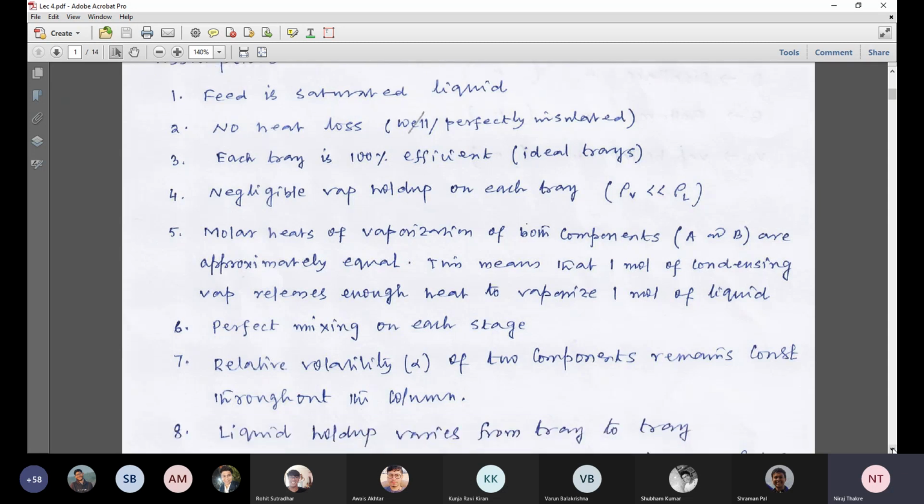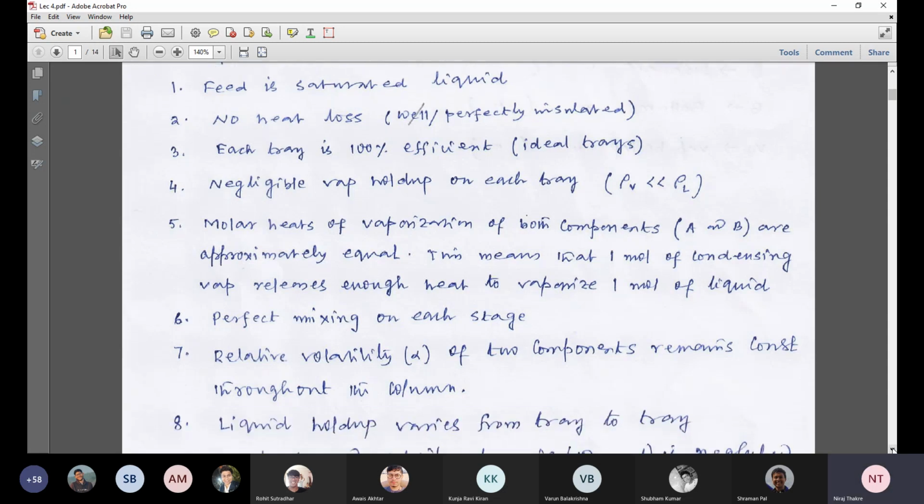Eighth assumption, liquid holdup varies from tray to tray. This we will observe through our modeling equation.